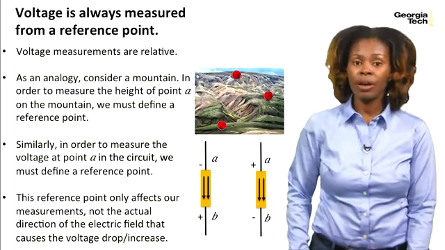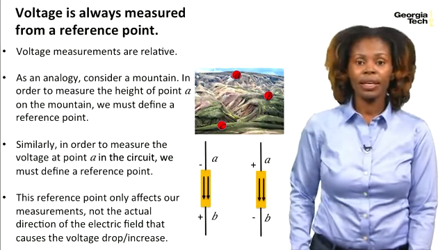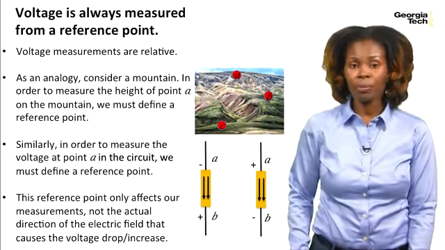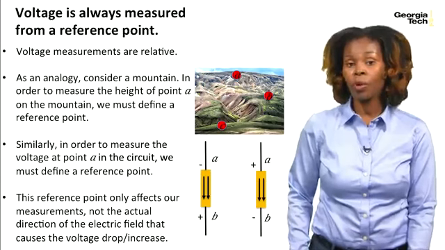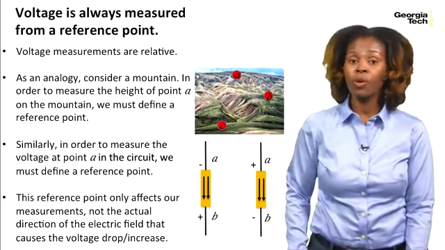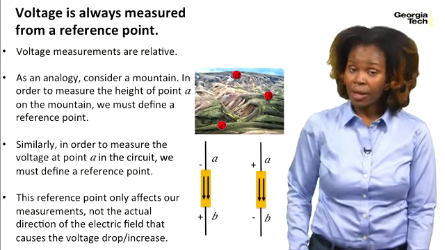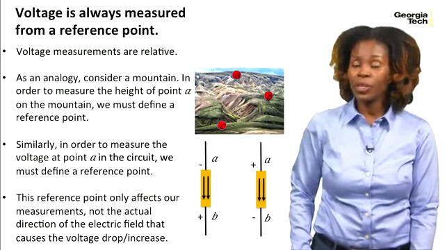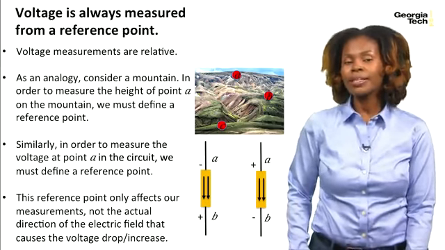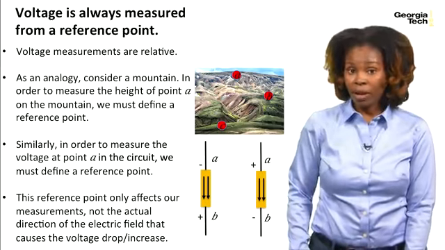In the case where we're measuring B as the plus end, a voltage drop from B to A would be negative. A voltage drop from A to B would be positive, but it depends on the way that we take our measurement. So let's see how that is applied when we look at the voltage drop around a circuit.